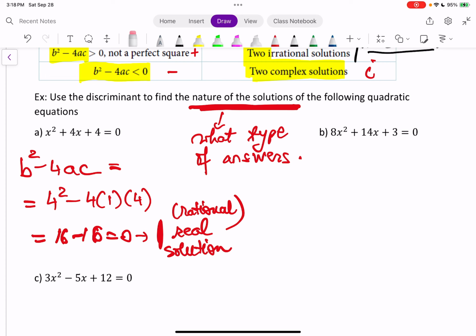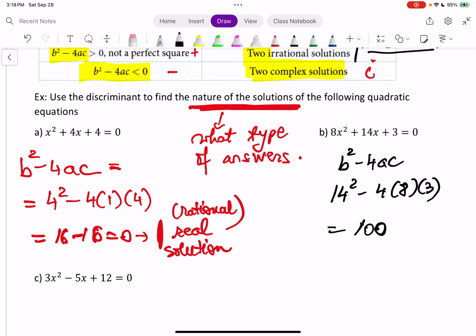Here, 14 squared minus 4 times 8 times 3. I'm going to use my calculator for this one. That's going to be actually 100.